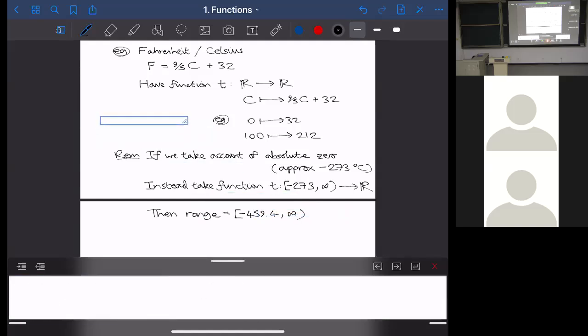Okay, so I'm just going to put in brackets the range of this function is also R.